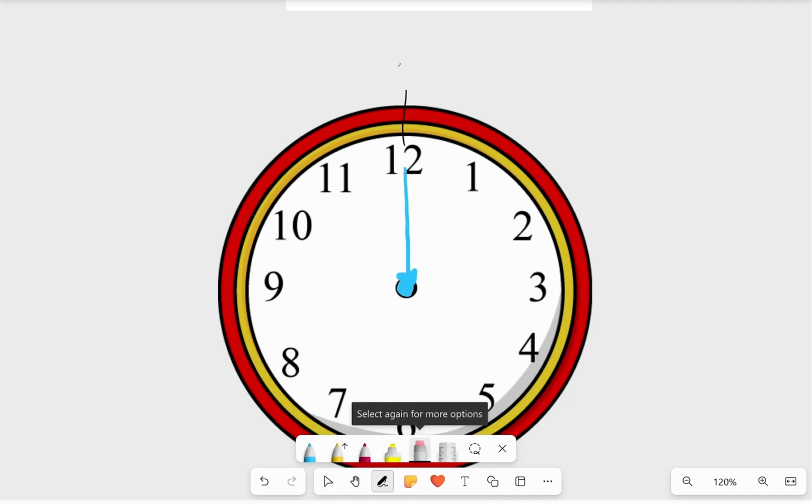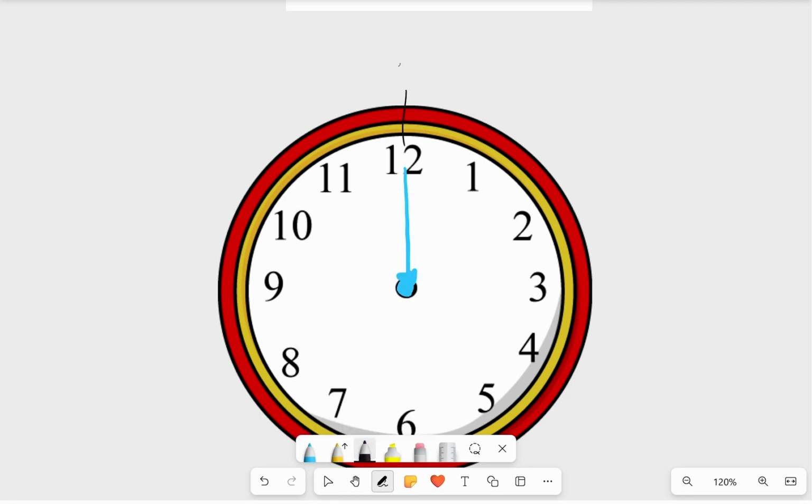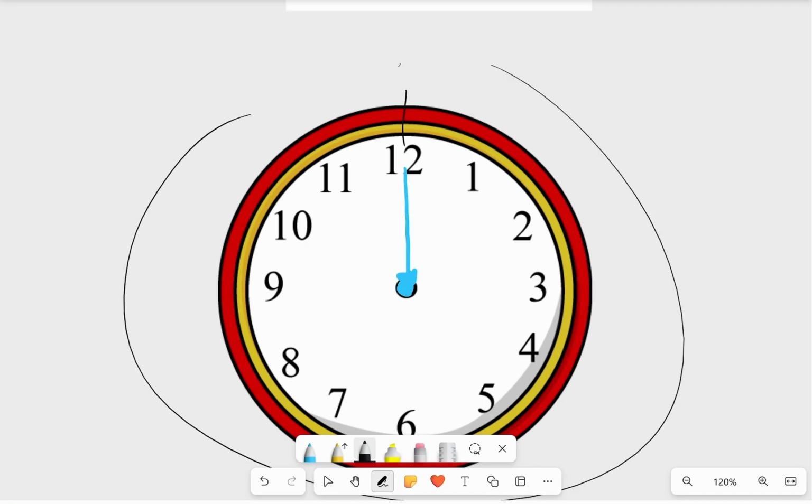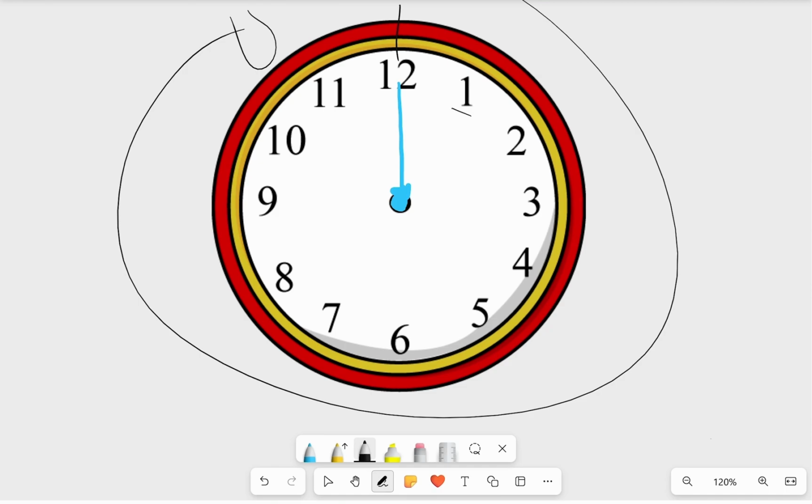Let's do this first. How many numbers do we have? Of course, we have 12 numbers, 1 to 12. If you want to make a full circle around the clock, how many degrees do we have? It's going to be 360. So each number gets how many degrees?